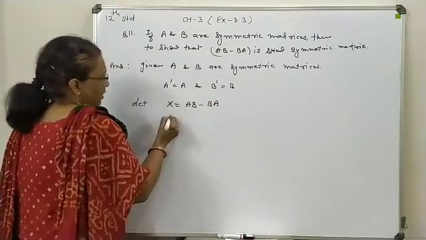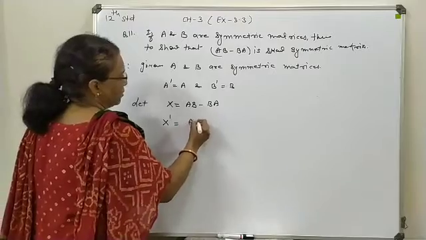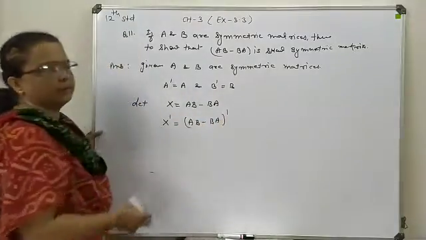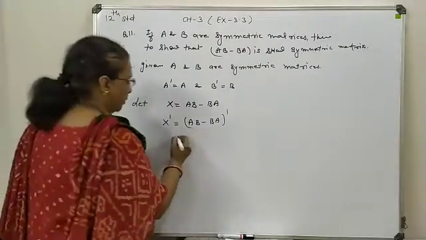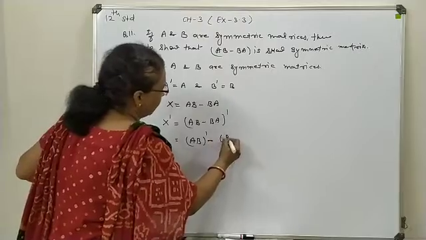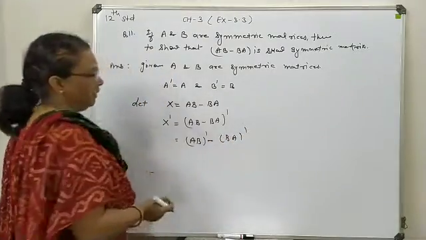Now we find the transpose of this given expression. So the transpose of AB minus BA. Again implement the property of transpose for two combinations: write the individual transpose forms with whatever sign, plus or minus, is between them.